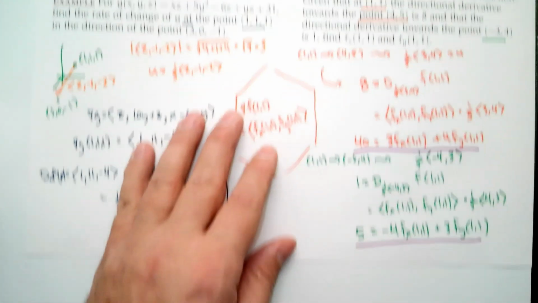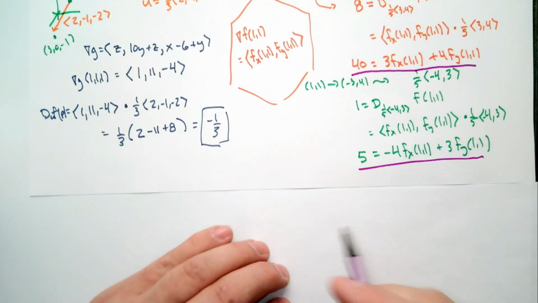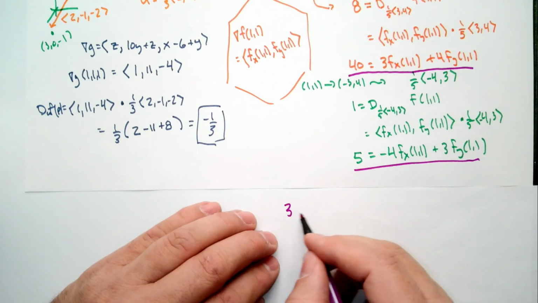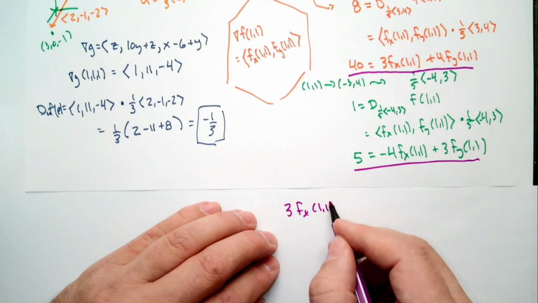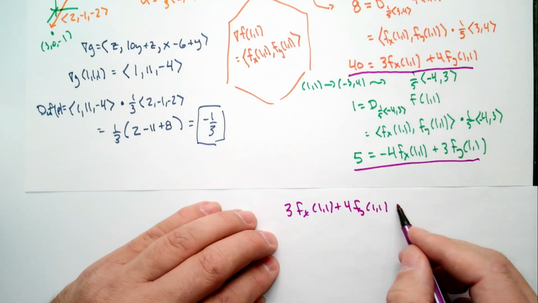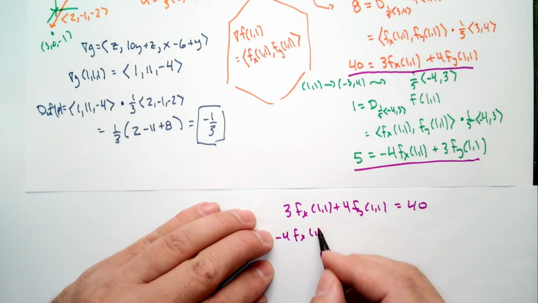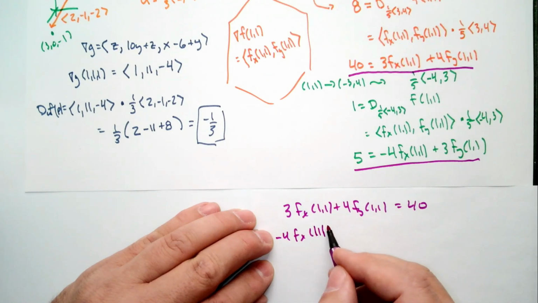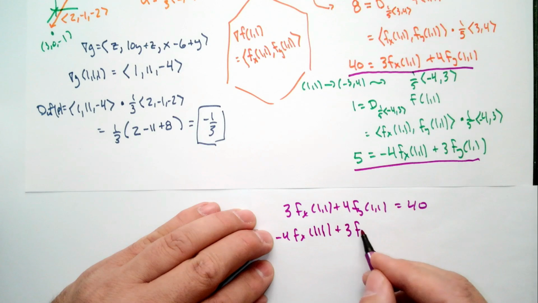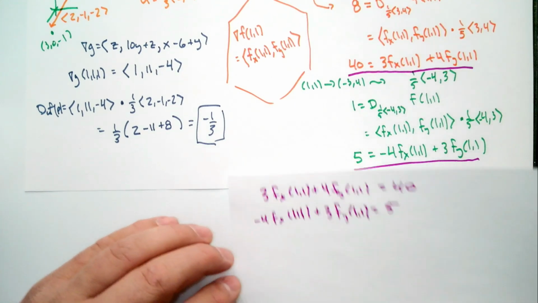All right, let's see if we can do this really quickly. So 3 fx at (1, 1) plus 4 fy at (1, 1) equals 40, and -4 fx at (1, 1) plus 3 fy at (1, 1) equals 5. And now what can you do?